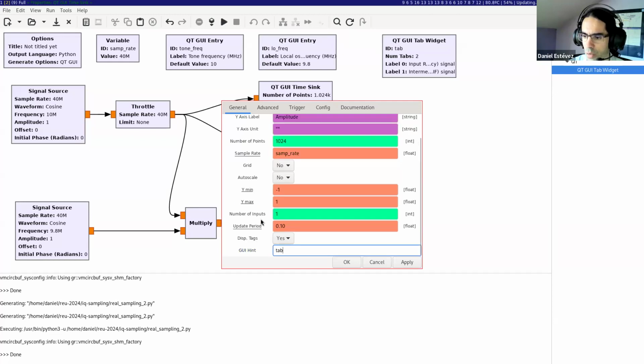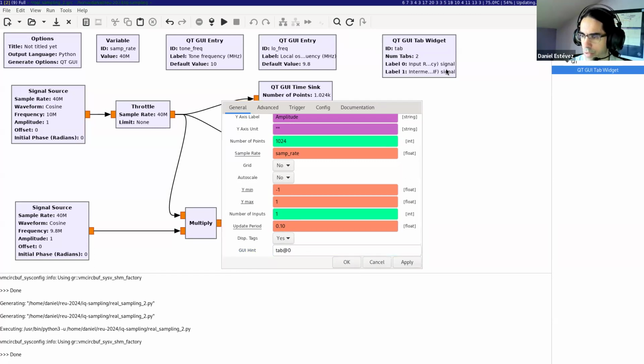But by writing some kind of code here, you can specify exactly where each of the plots will go. So for today, I'm only going to use this notation, which means use the tab GUI widget, and tab here is the same name I have chosen, and then place it in the tab number 0.